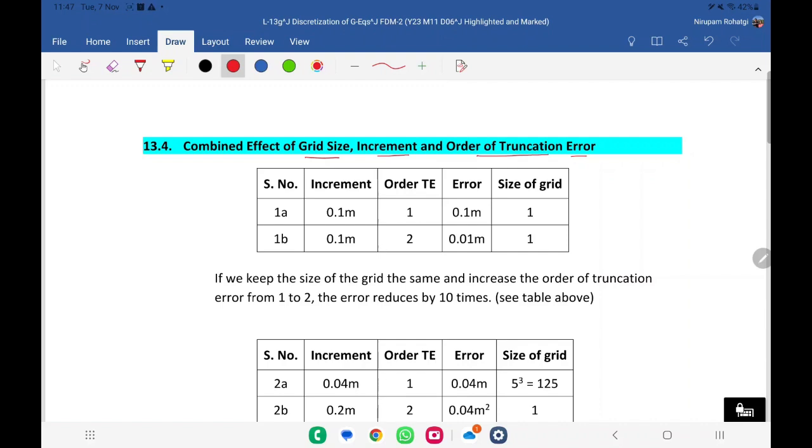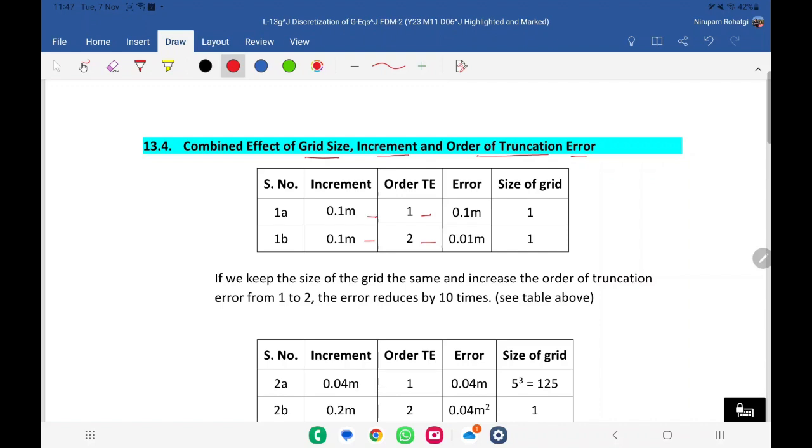So the truncation error is not totally dependent on delta x square. So let us take a case in which your increment is the same in both cases. There are two different grids and the grid size is the same, but in one case your formulation is of order 1 and in the second the formulation order is 2.